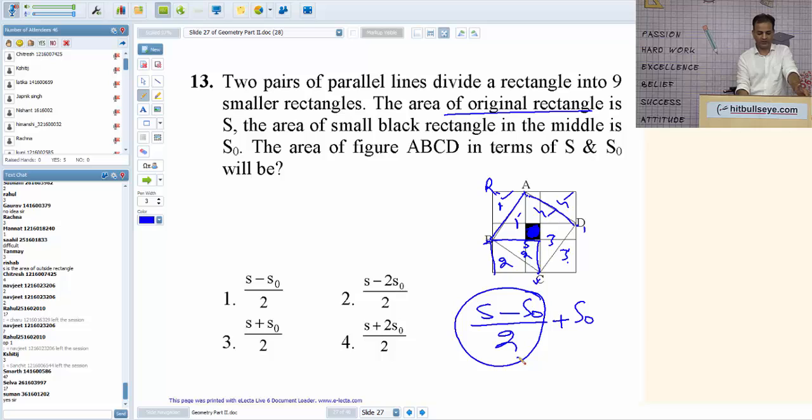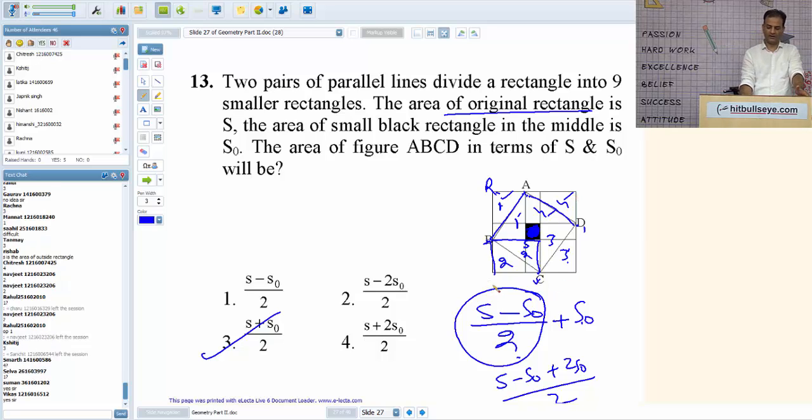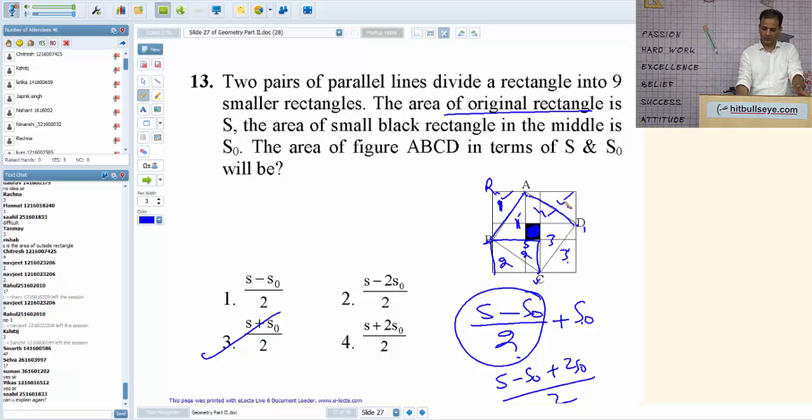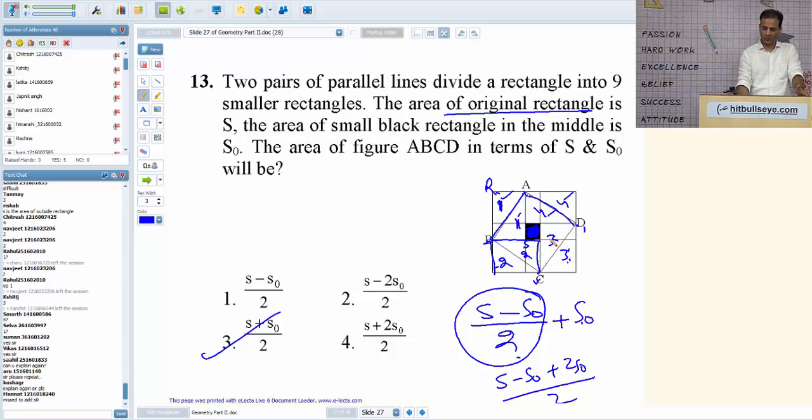So S minus S naught by 2 plus S naught. So it will be S minus S naught plus 2 S naught by 2, which will be the third option, because the whole rectangle is S. I have taken 1, 1, 4, 4, 3, 3, 2, 2. Total area 3, 4, 7, 8, 10 units. This is 10 units. Clear?